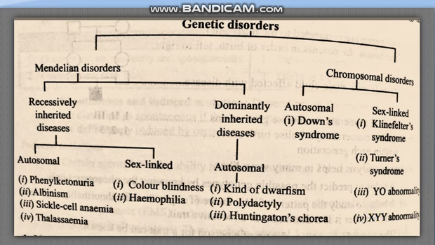So these are the different types of genetic disorders present in human beings, broadly categorized in two types, Mendelian disorders and chromosomal disorders. And now we will study each example of these genetic disorders one by one.